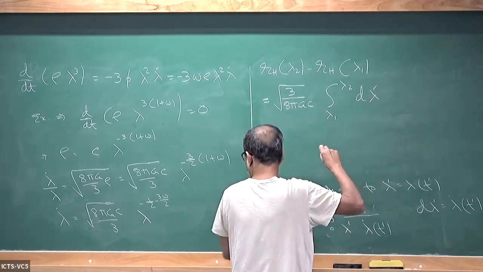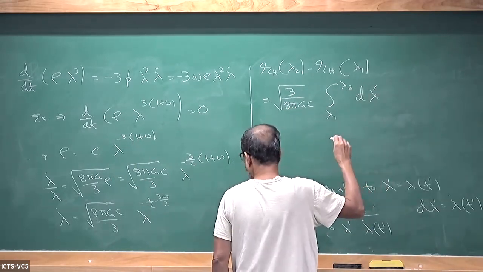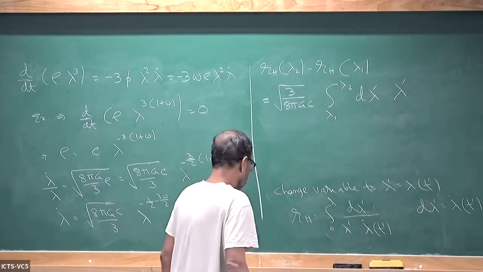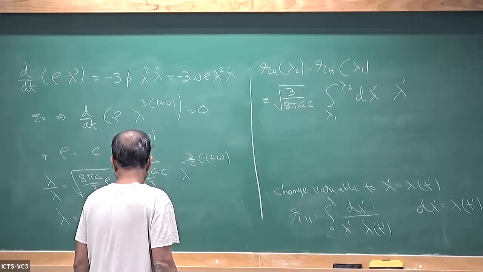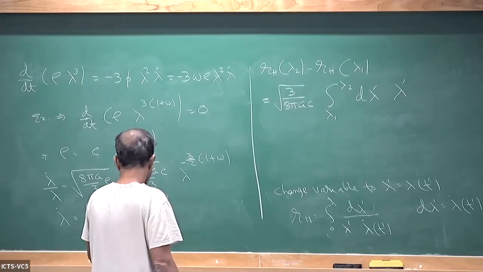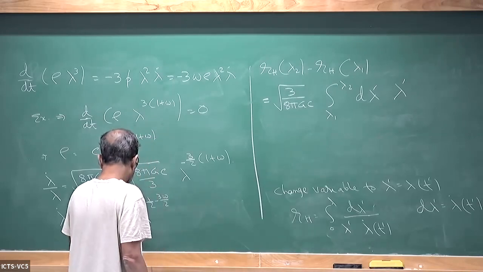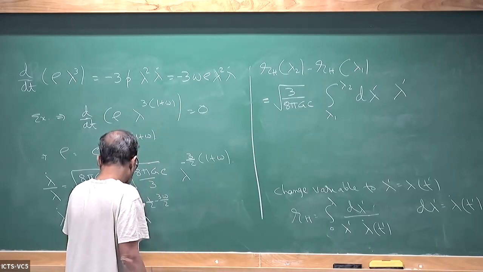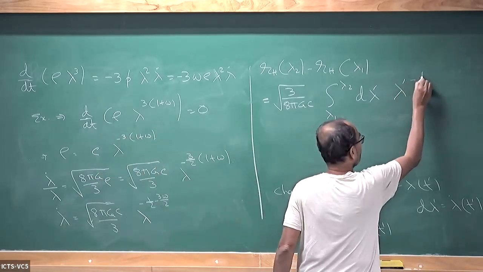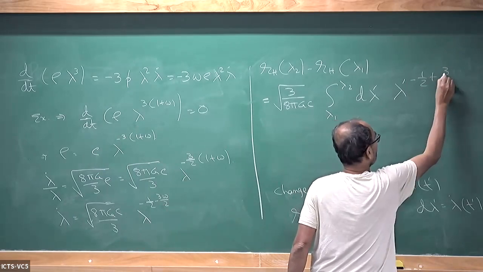So lambda prime times lambda dot, where lambda dot will be lambda to the half minus 3w by 2. So lambda prime to the minus half plus 3w by 2.